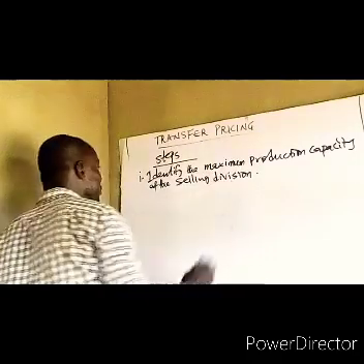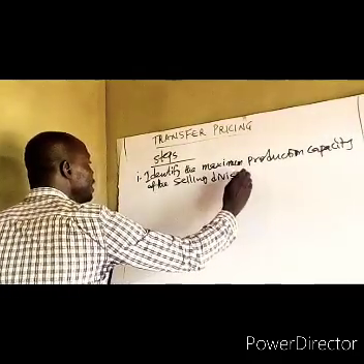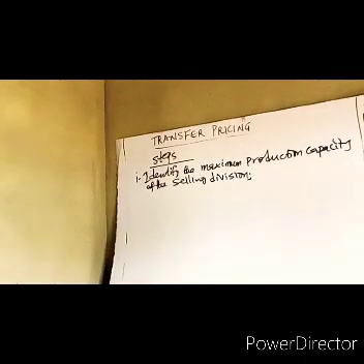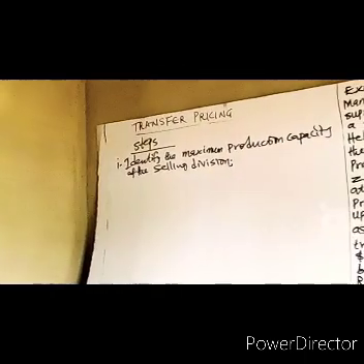That is step 1: identify the maximum production capacity of the selling division.